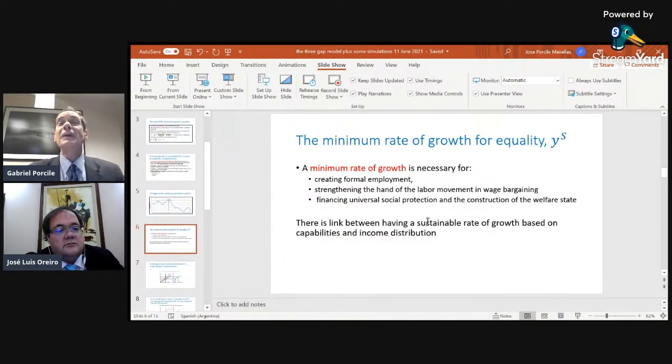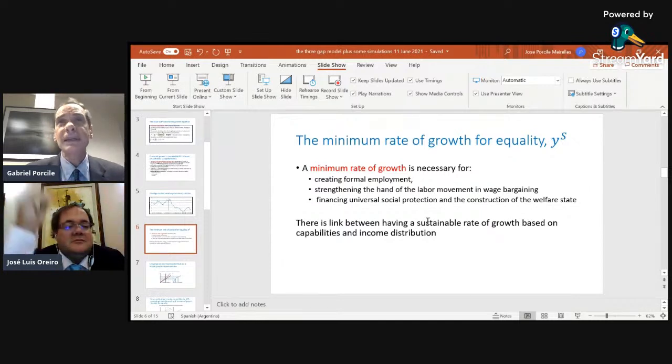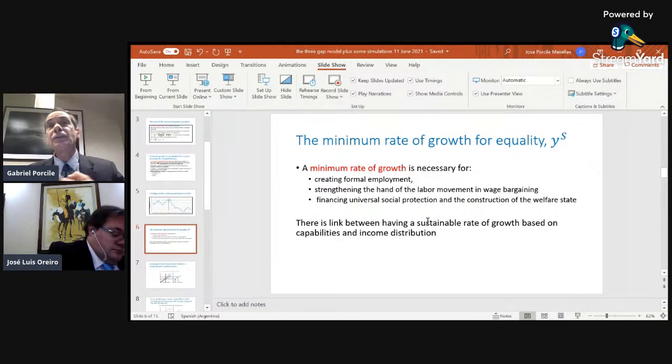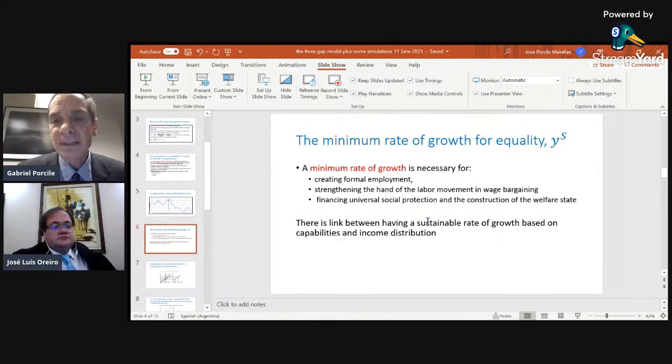But in addition, we need to think of a rate of growth, which is the minimum rate of growth necessary for having social and political equilibrium. Why? Because we need to create formal employment. We need to absorb this labor in the subsistence and informality into formal employment with high productivity.